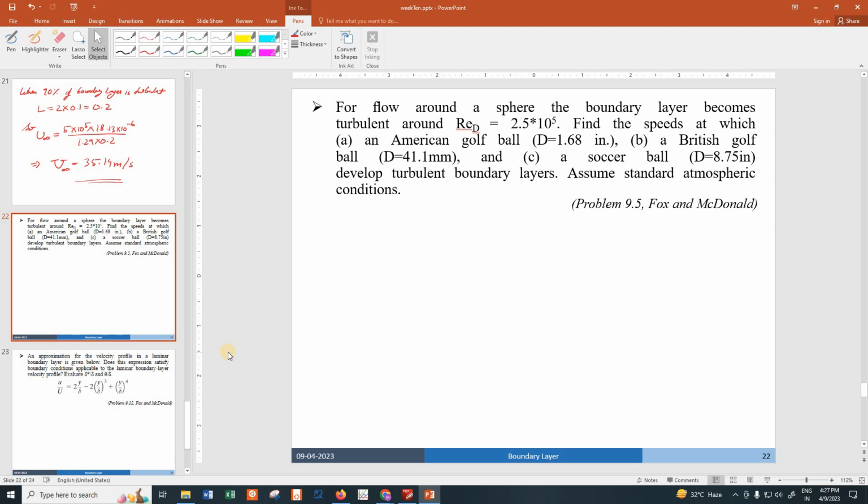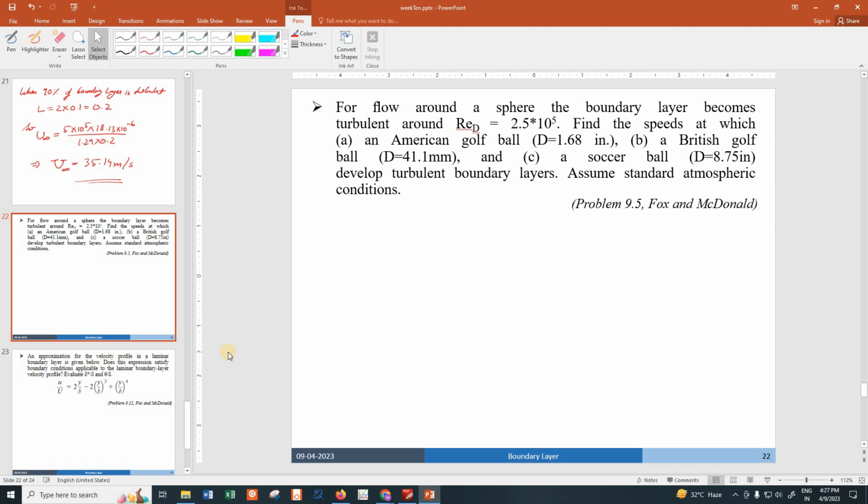and a soccer ball of 8.75 inches develop turbulent boundary layers, at which the turbulent boundary layer gets developed. Assume standard atmospheric conditions.